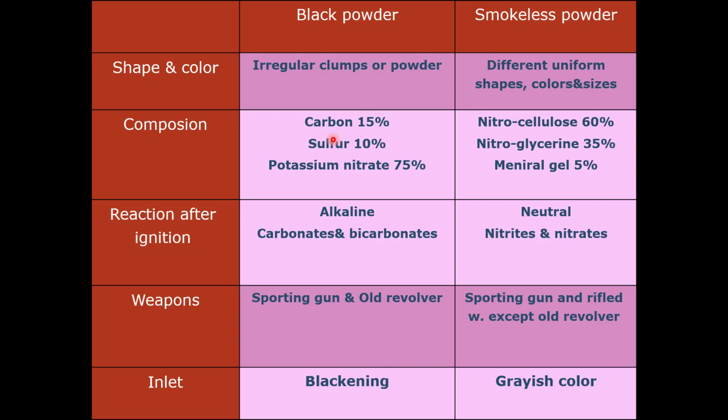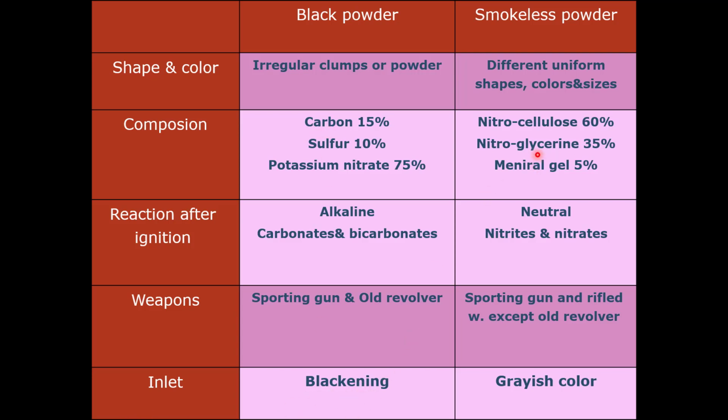The black powder consists of carbon, sulfur, potassium nitrate, and after ignition it leads to an alkaline reaction due to formation of carbonate and bicarbonate. This alkaline reaction and the carbon in the black powder lead to dense black at the inlet.